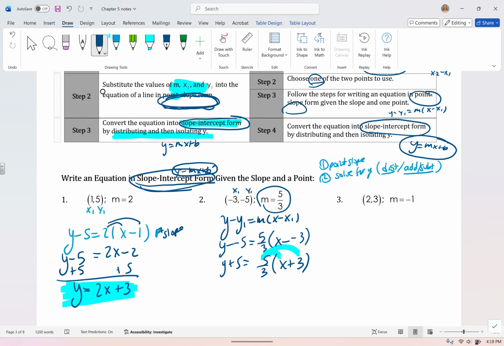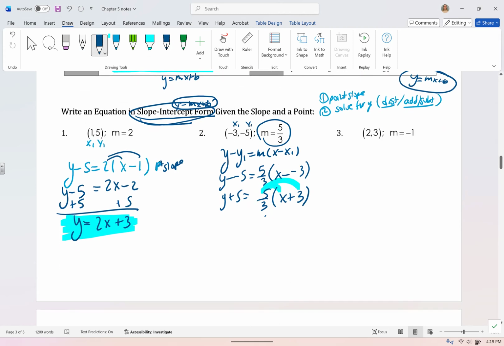So we're going to do 5/3 times x, which is 5/3 x. And then 5/3 times 3, you can use your calculator or you can use your brain. We need to have a fraction times a number, but the number over 1, times the top times the bottom, and then either reduce or divide, you get 5. And then we're going to solve for y.